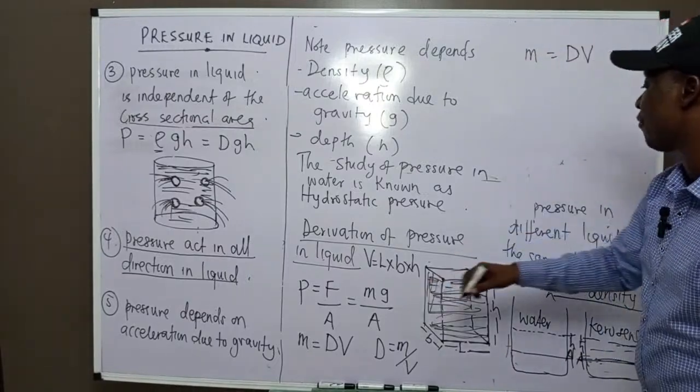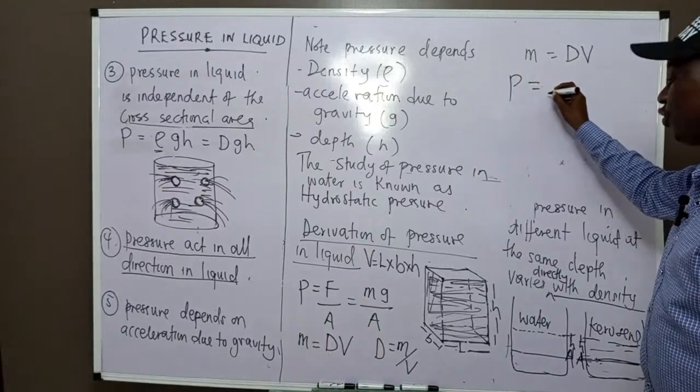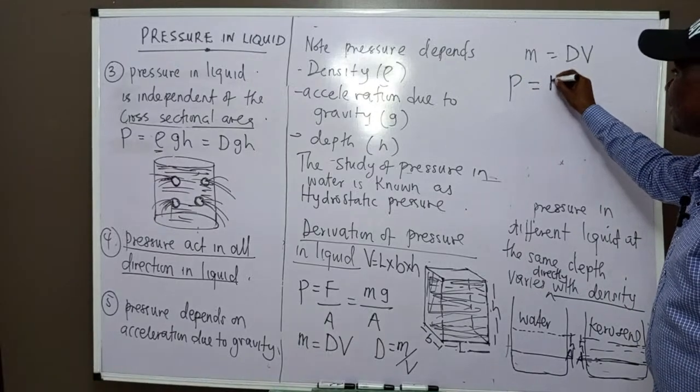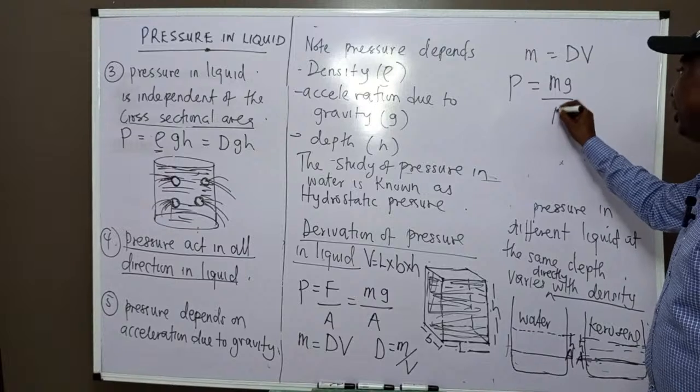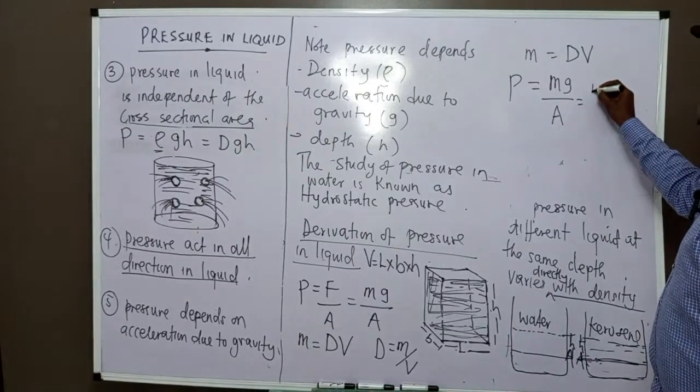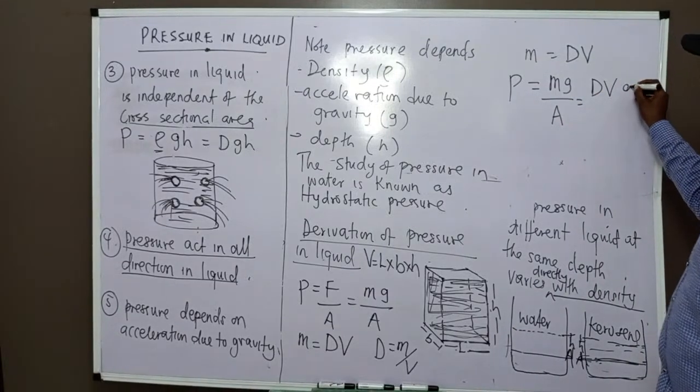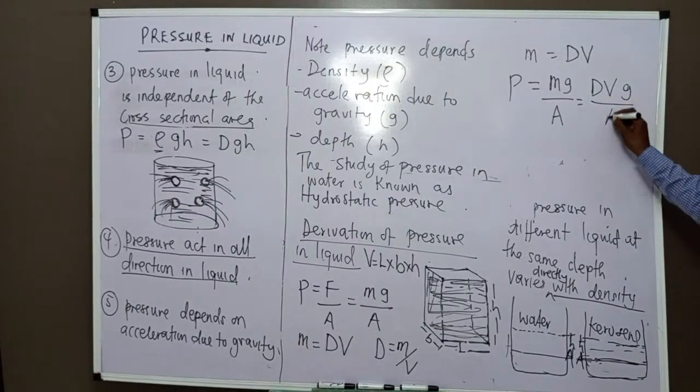Now put it in that formula. Pressure is equal to, instead of mg over A, density times volume times gravity over A.